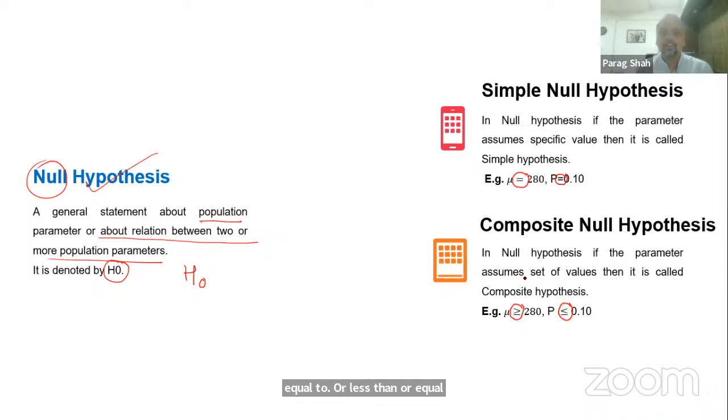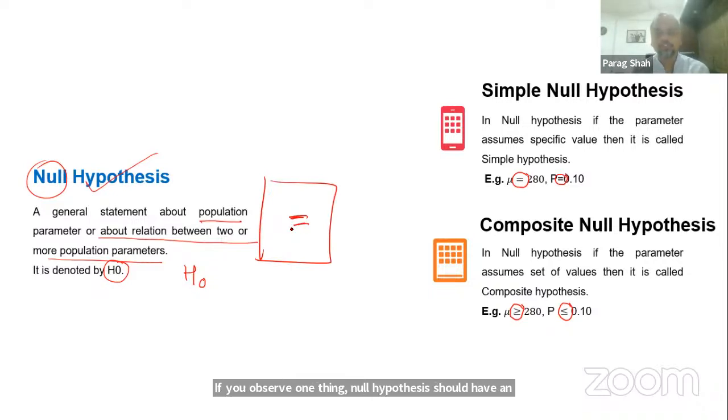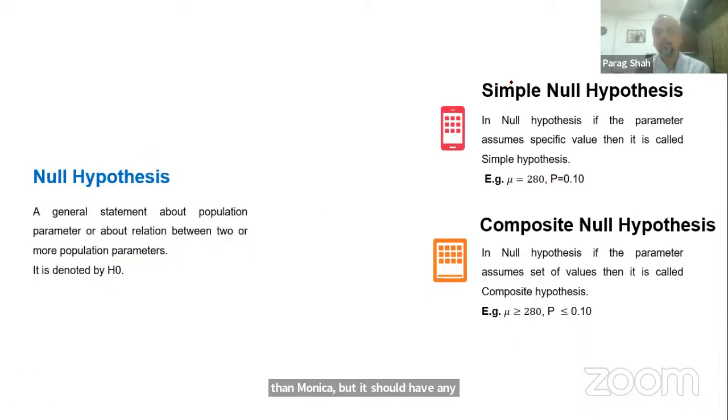One thing to observe: the null hypothesis should always have an equal to sign, either pure equal to, or greater than or equal to, or less than or equal to. In the majority of Indian author books you will find only the simple null hypothesis, but in real life, and in foreign author books, you can come across composite null hypotheses depending on the problem.